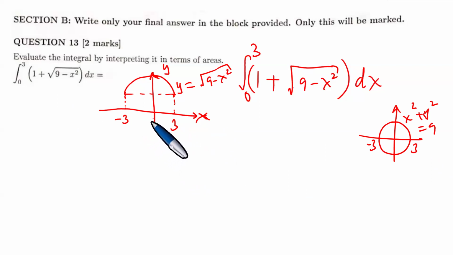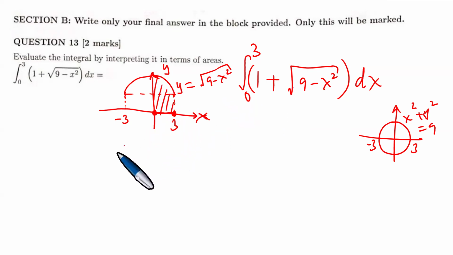But we're going to cut it. Also now we're going to focus on x. x is going to be between what and what? So x is going to be between 0 and 3, meaning that you're going to focus on this part.